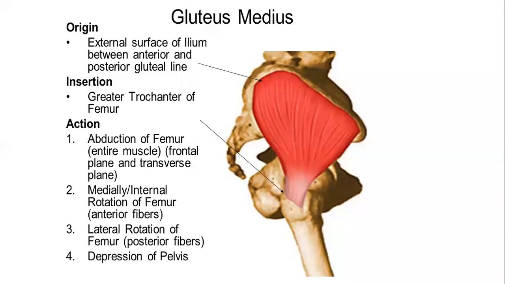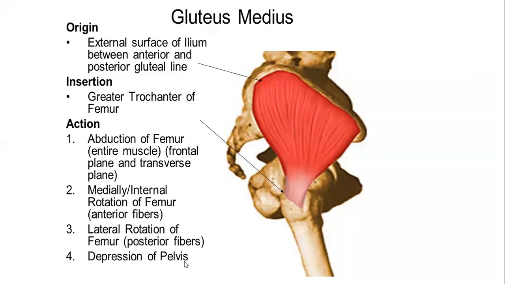If the gluteus medius of the right side is damaged or is paralyzed, what is going to happen to the pelvis? The pelvis on the left side is going to go down.